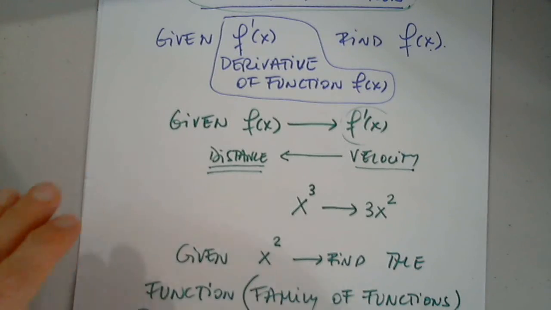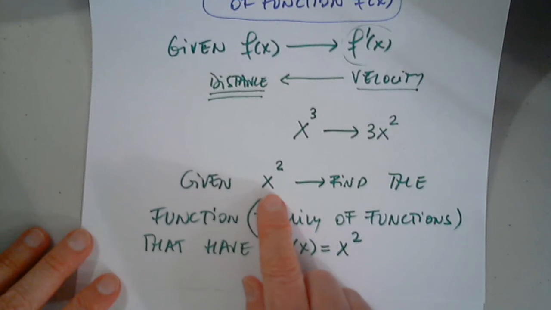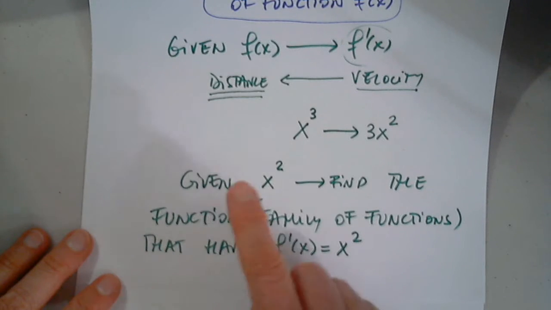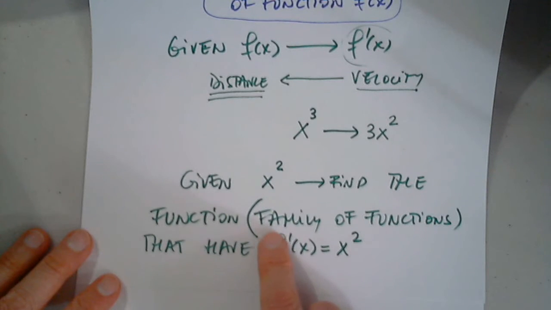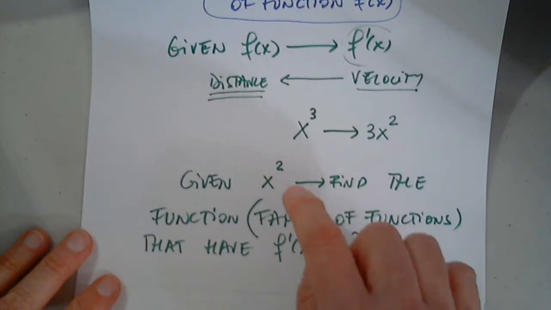So I'm given x squared, which is a derivative, and I'm asked to find the function whose derivative is x squared, and there may be more than one. That's why I put here family of functions.